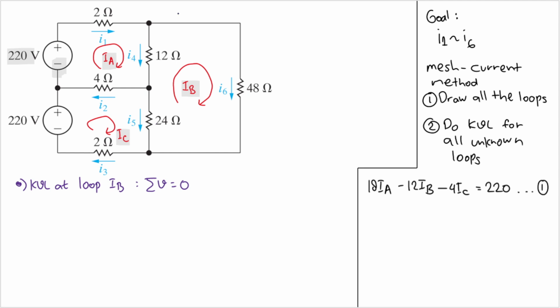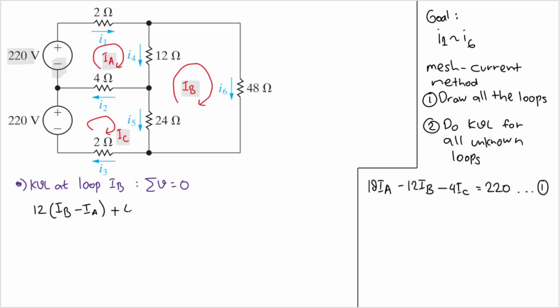Let's start from this 12 ohm resistor. So I'll have 12. Here IB comes first because we are working on IB. But then we have IA flowing in the opposite direction. IB is flowing up, IA is flowing down. So I'll have minus IA here. And then we will have 48 ohm here.